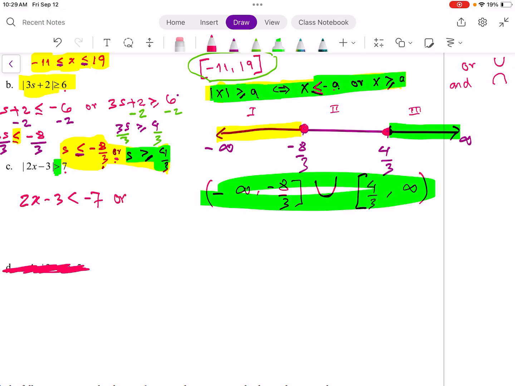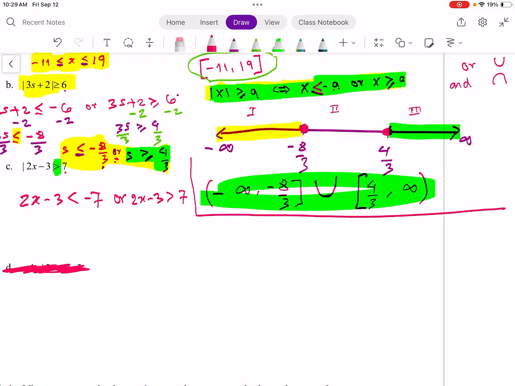Then write down x, which is everything inside the absolute value sign, 2x minus 3, then greater than positive a, which is positive 7. Okay, any question on this very first part? This is the most important step. Once you have this correct, the remaining is a linear inequality.